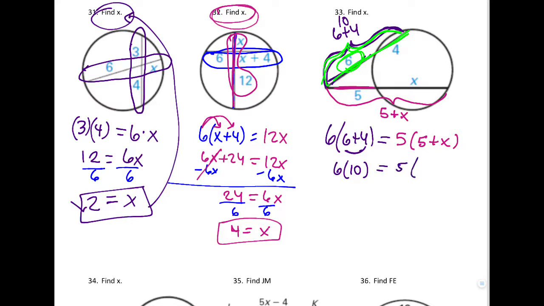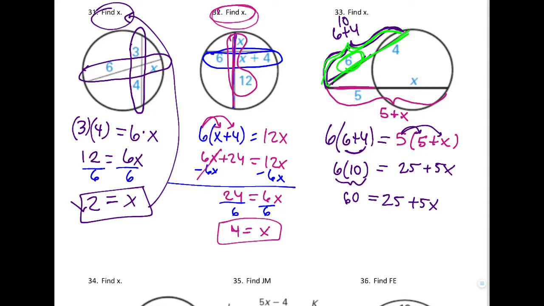I can't combine 5 and x because those aren't like terms, so what I'm going to do instead is distribute. So 5 times 5 is 25. 5 times x is 5x. So now I know this side is 60 equal to 25 plus 5x.